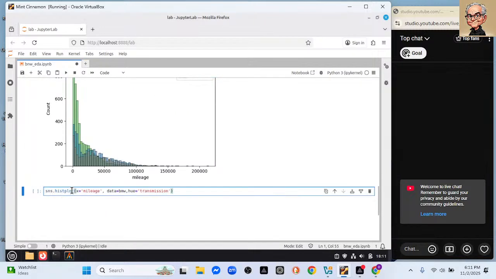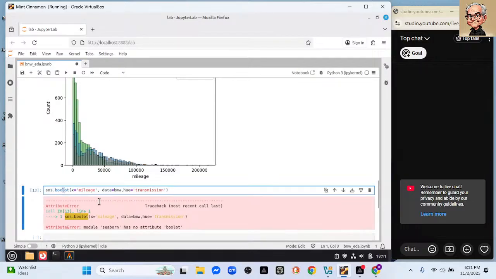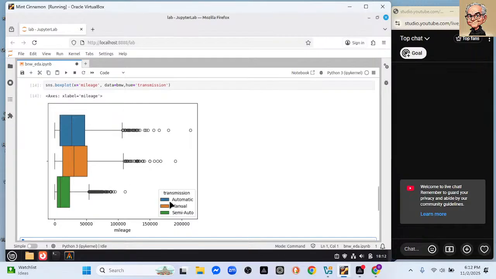Let's change this to a box plot. So now we got the distribution once.